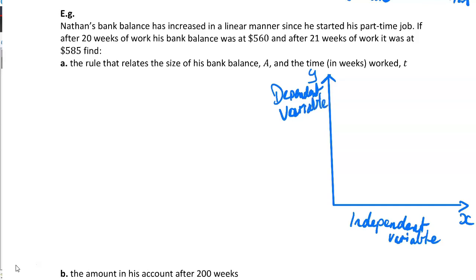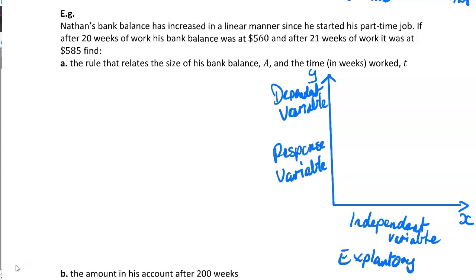Okay. And in further maths, in general maths, we also use the phrase explanatory variable, and the y is the response variable.